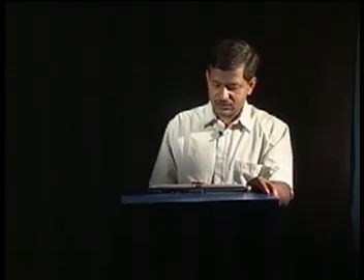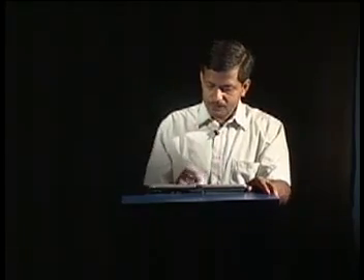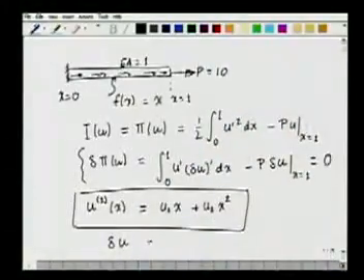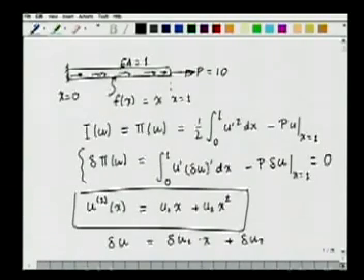In order to find the coefficients u1 and u2 of this series solution, we went back to this variational form that we have written here, and in that we took delta u equal to delta u1 into x plus delta u2 into x squared. Now this delta u is something that is under our control.